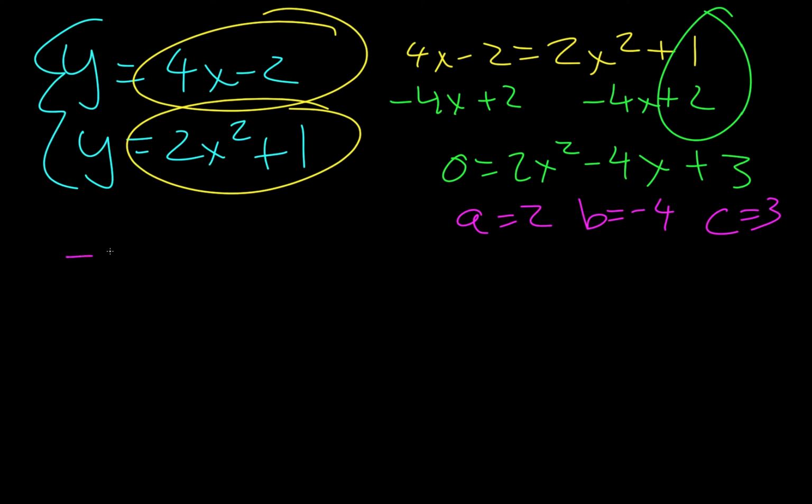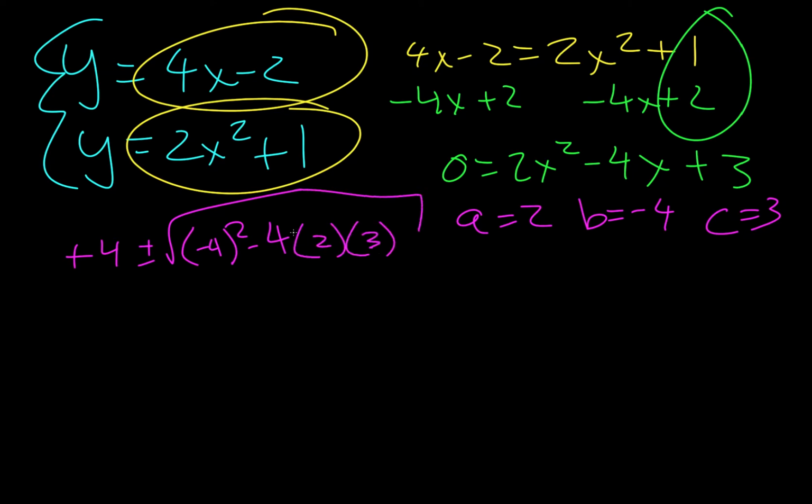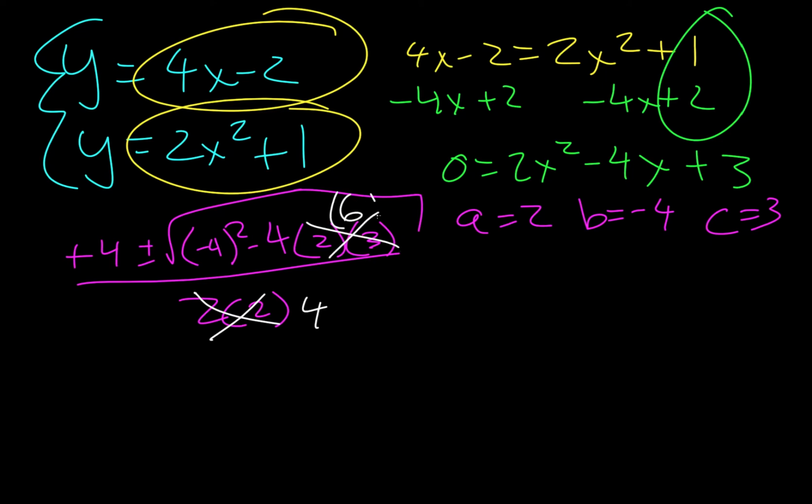So we say the opposite of B, which would be positive 4 plus or minus the square root of B squared, negative 4 squared, minus 4 times A times C, all over 2 times A. So on the bottom right there, this becomes a 4, this becomes a 6. 6 times negative 4 is negative 24, and then this would be 16. And so 16 minus 24 is negative 8.